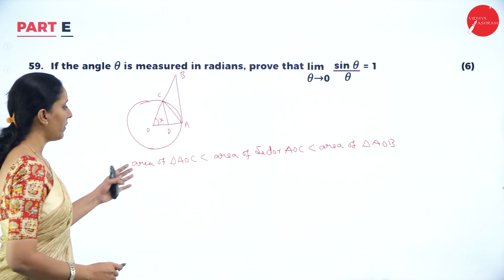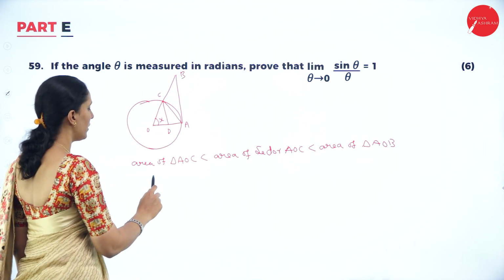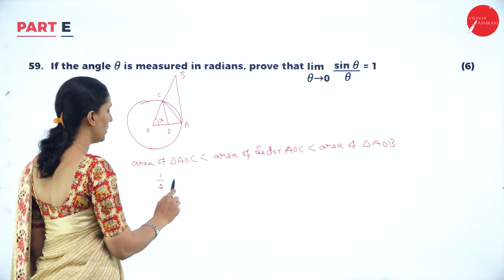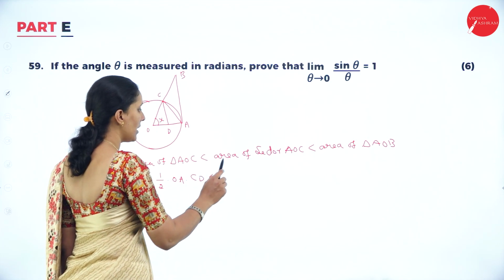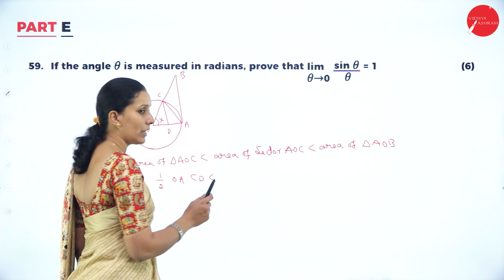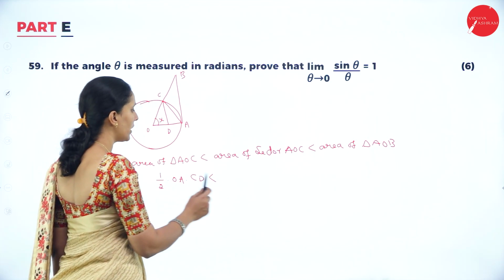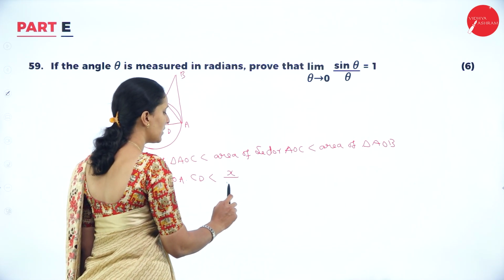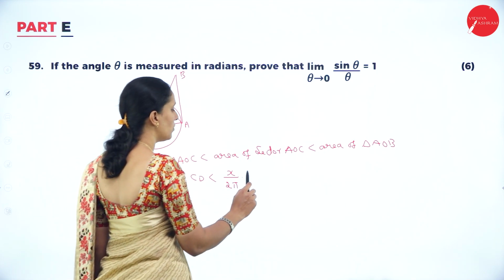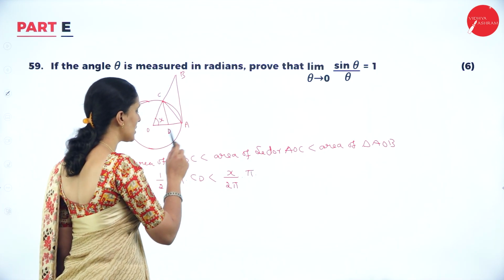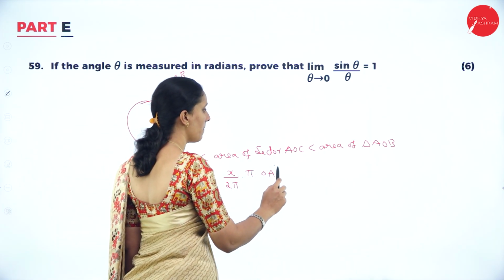So using the half into base into height formula, we can write here half into base is OA, height is CD. And here it is always theta by 360 we can write. So theta here is x, 360 is 2 pi because we have considered it in terms of radians, into pi r square. R is nothing but OA here.